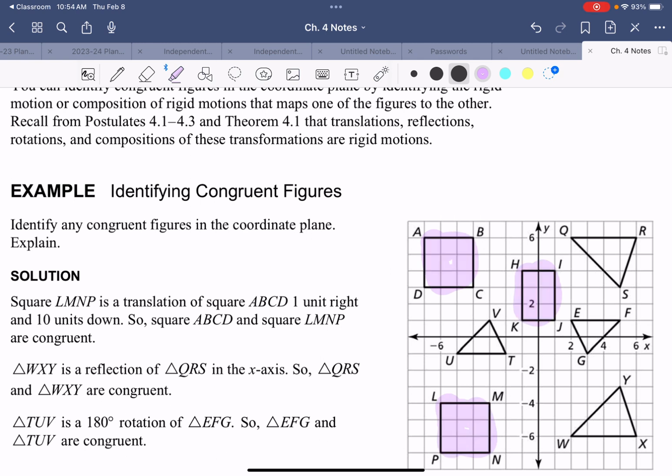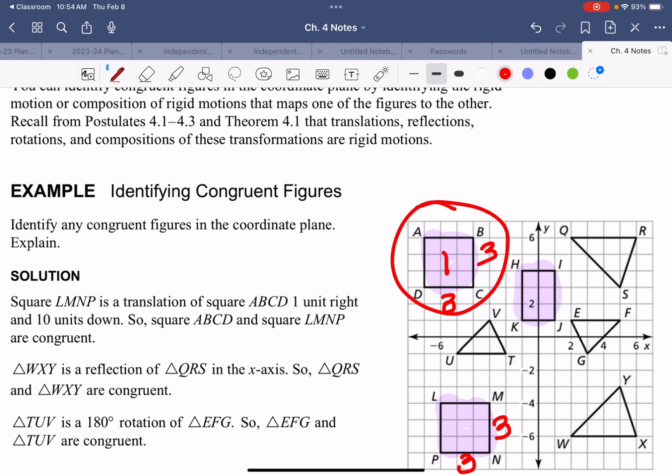They're quadrilaterals. And I'm instantly counting in this first one that there's 9 squares in there. That's the area. And it's a 3 by 3. And I come down here to the bottom and I see I got a 3 by 3 with 9. So I would say that quadrilateral ABCD is congruent to LMNP. And actually, they're squares because I can prove that they have 4 right angles and 4 congruent sides.